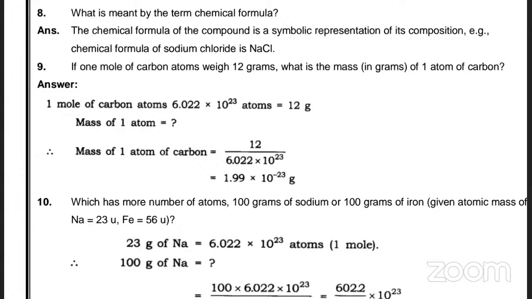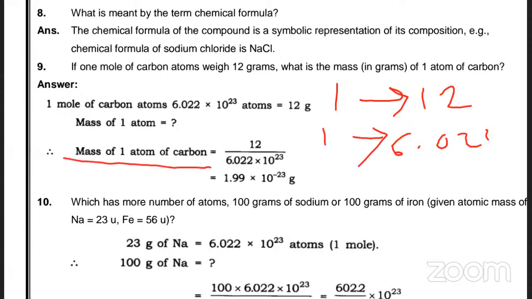Yes, sir. It's given that 1 mole of carbon weighs 12 grams. So we know 1 mole of carbon has 6.022 into 10 to the power 23 atoms, and it is given in the question that it is equal to 12 grams. Therefore, to take out the mass of one atom, we'll do 12 by 6.022 into 10 to the power 23.